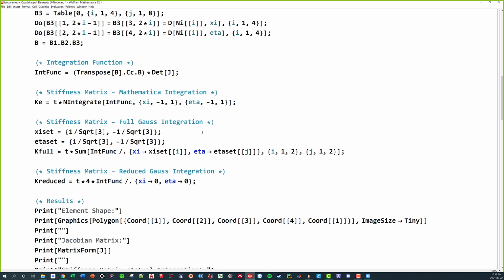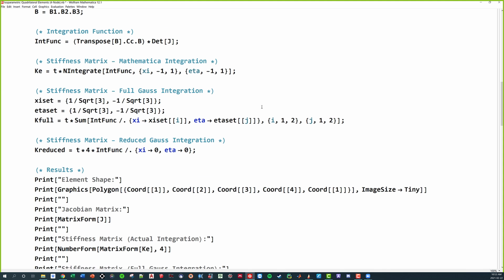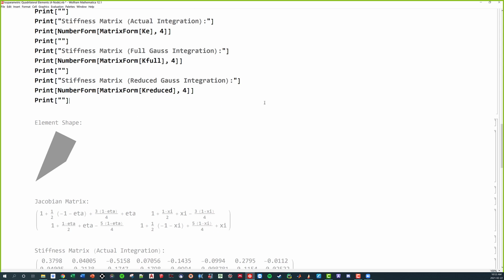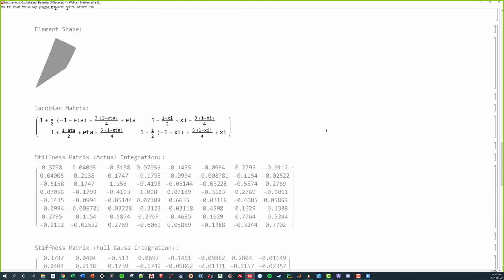But the accuracy part deals more with the element geometric order. So, perfect. Hopefully that makes sense to you guys. You guys good? Wonderful.